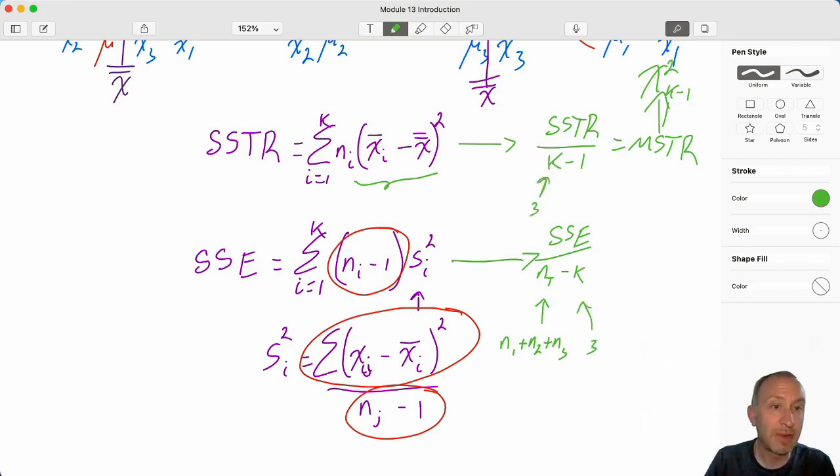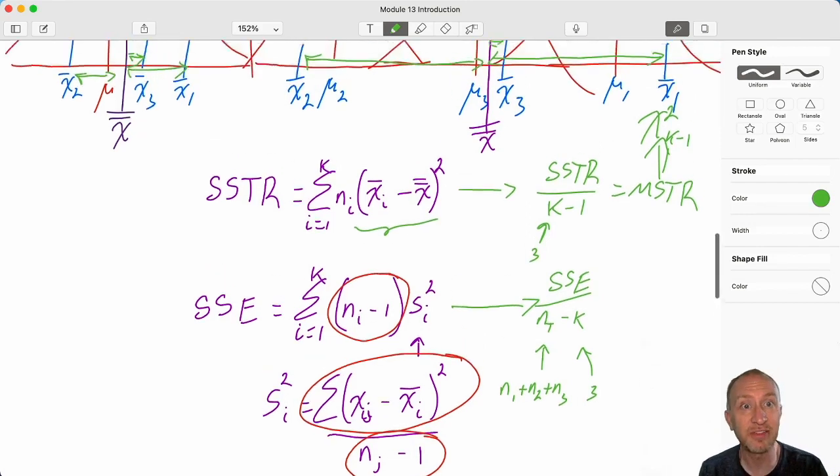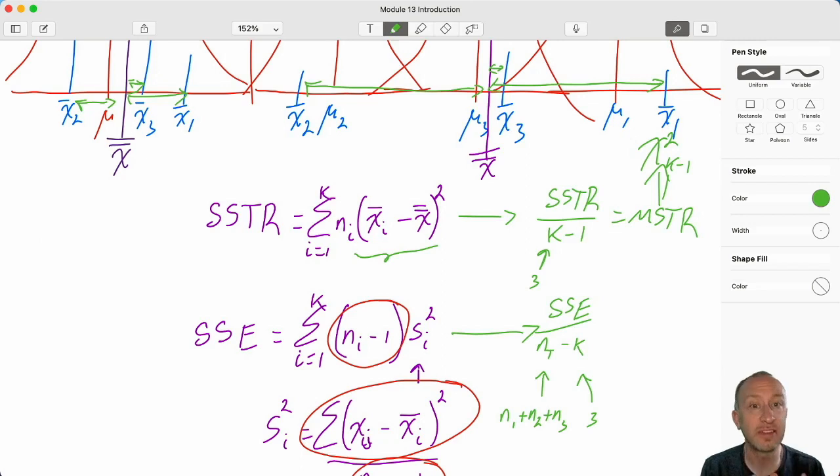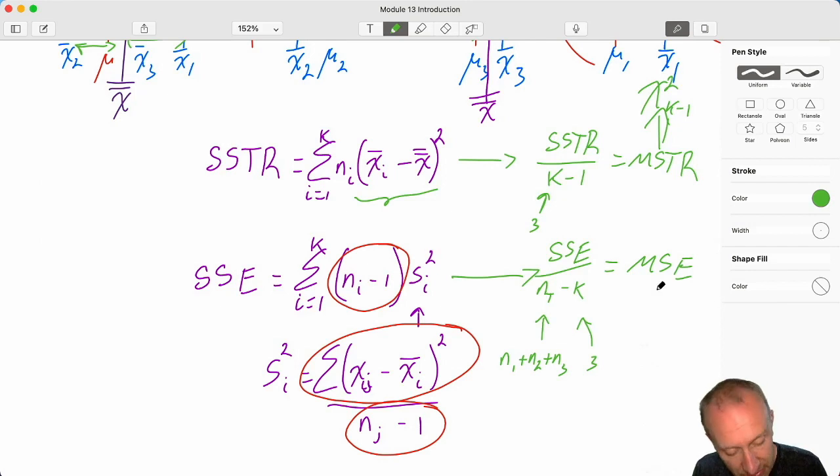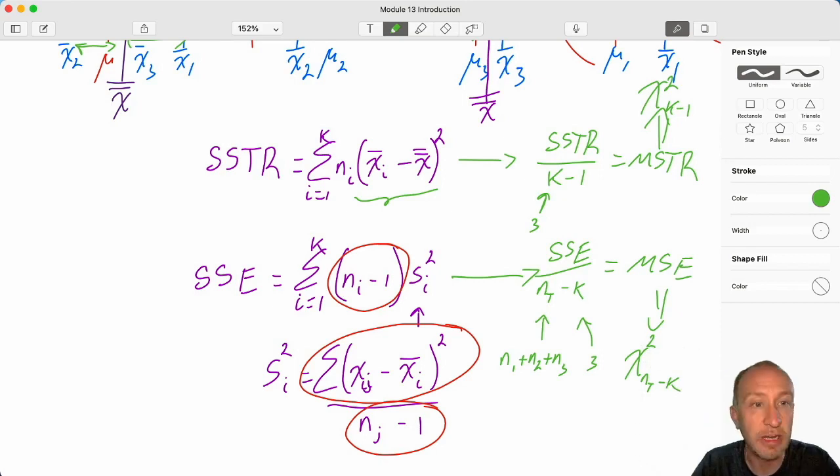So we have MSTR, one estimate of variance. However, that estimate of variance is entirely influenced by whether or not the null is true or the alternative is true. We have the mean squared error, which is a second estimate of variance, which is unaffected by whether the null is true or the alternative is true. Well, MSE is a chi-squared variable with NT minus K degrees of freedom.